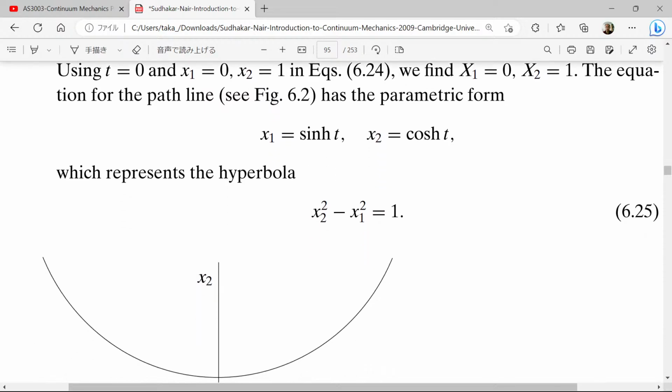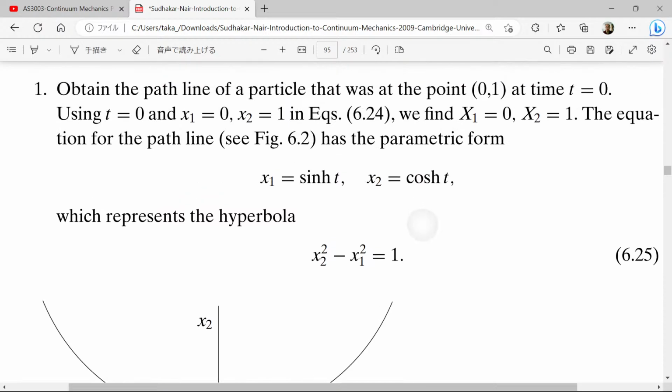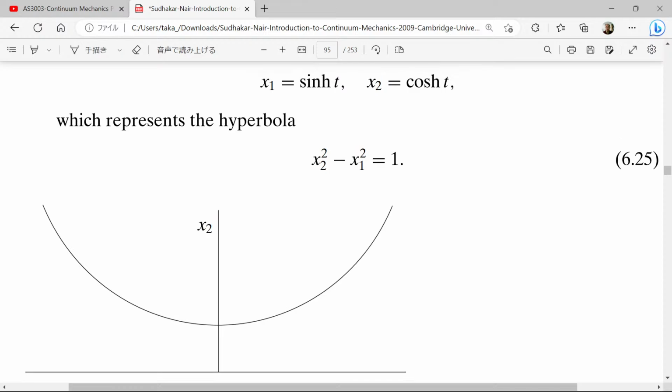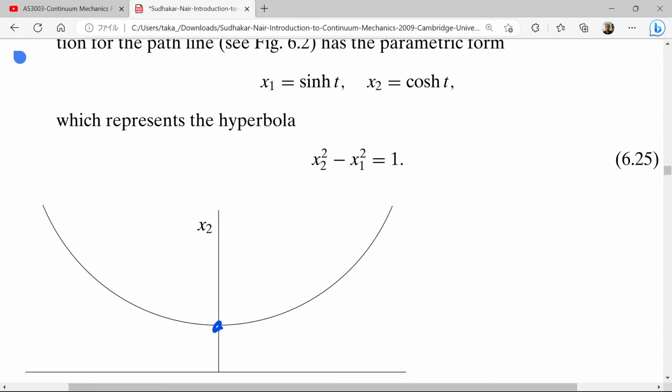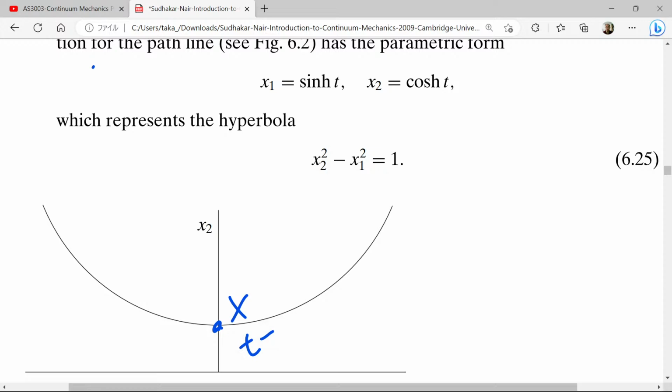At t equals 0, this point is X, because X is the position at t equals 0.